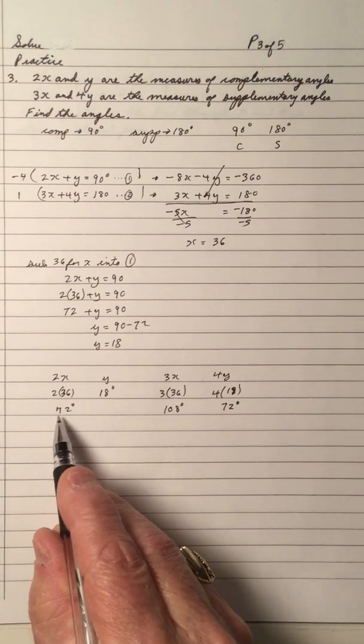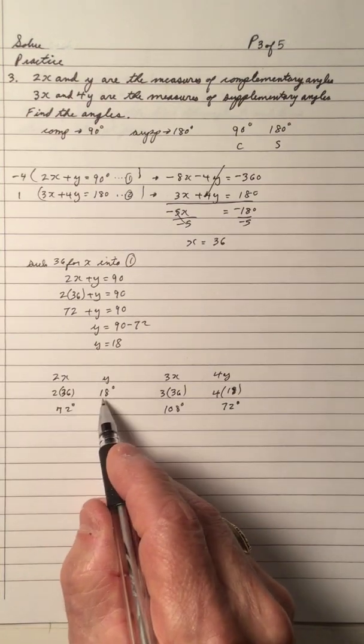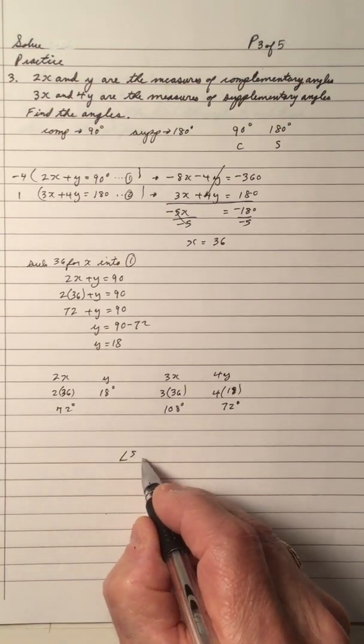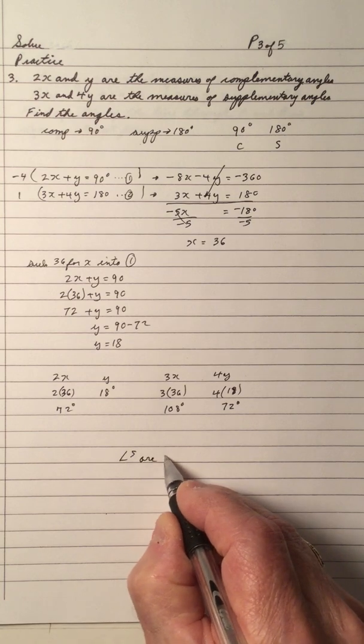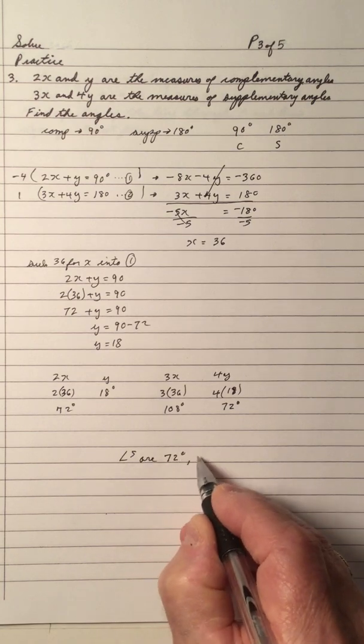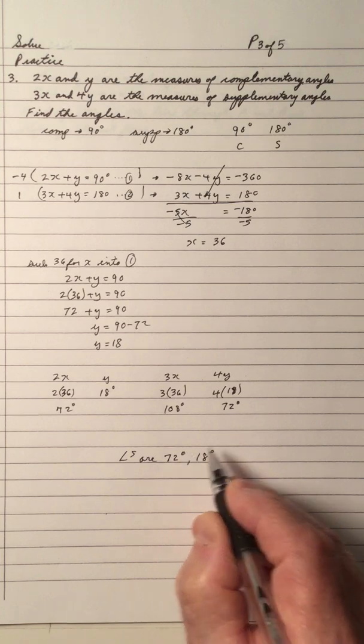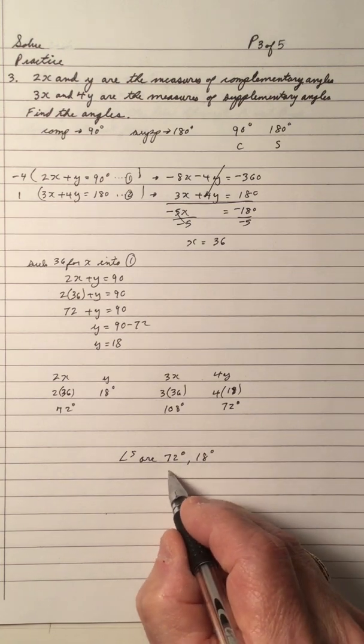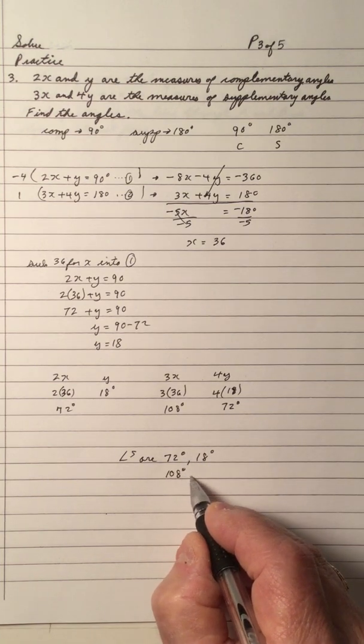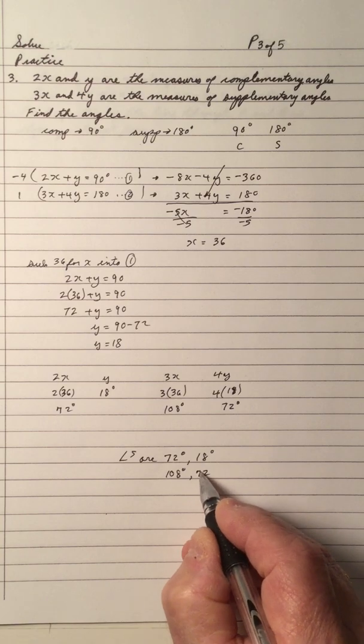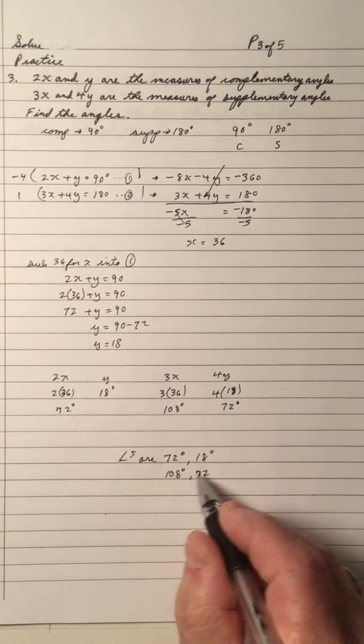So the angles are 72 and 18, that's the complementary ones, and 108 and 72 are the supplementary angles.